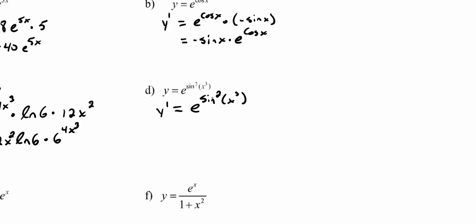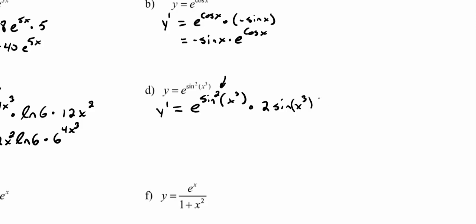Careful on that though, because this squared is the outside of my function. It can be written that way as well. So just keep that in mind when we do this, because now we'll go, okay, times 2 times sine x cubed again. I'm just bringing that exponent down. So that's sine x cubed.